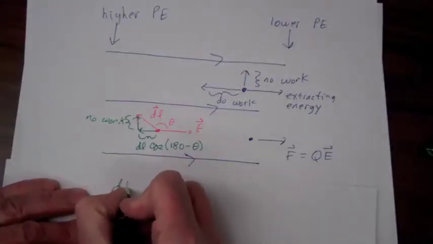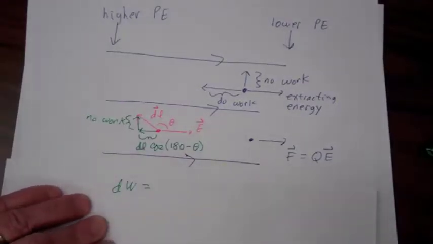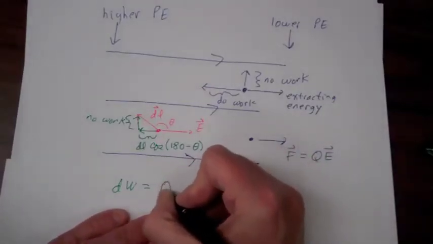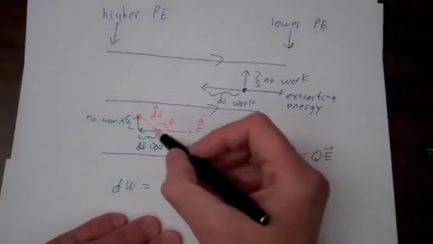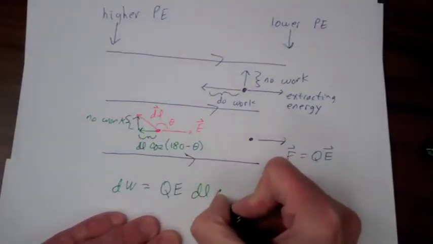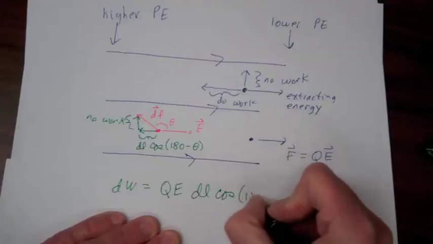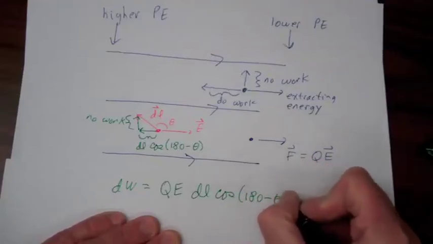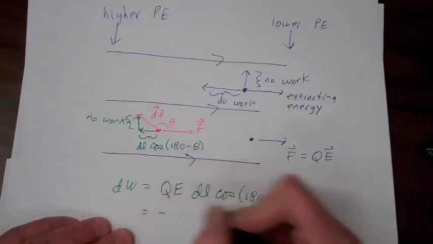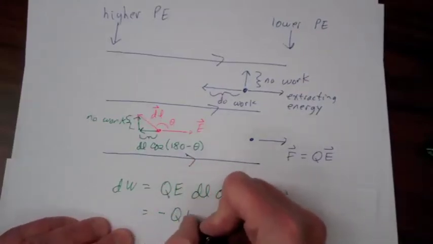So the work is going to equal the force, and the magnitude of the force you're applying is Q times the electric field, through this distance being dl cosine of 180 minus theta. And cosine of 180 minus theta is minus cosine of theta.